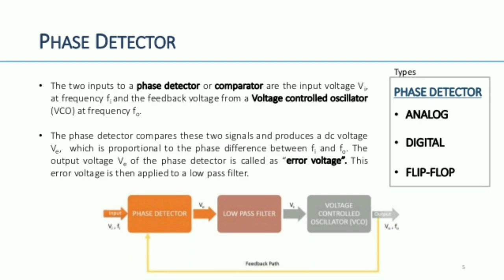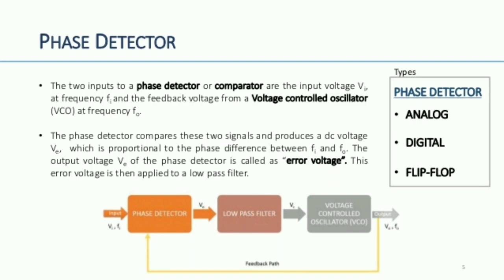This phase detector compares the input signal and the feedback signal and produces a DC output voltage VE, which is proportional to the phase difference between the input and output frequency.